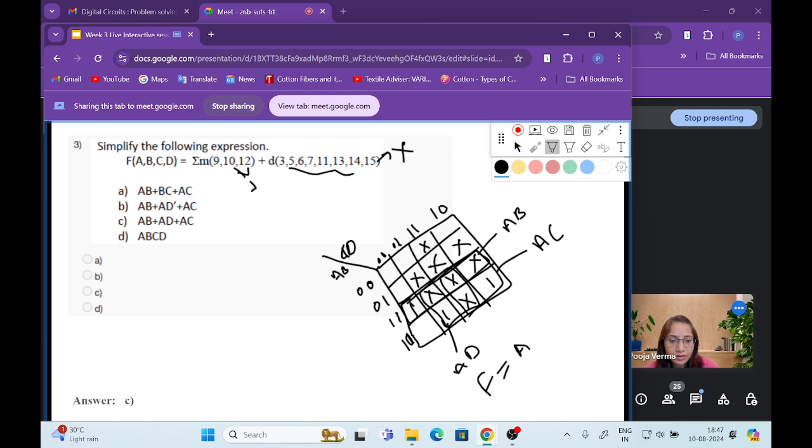That is AB plus AC plus AD, right? So just match with the options and check it out. So AB plus AC plus AD. Okay, so option C is the correct answer for this question.